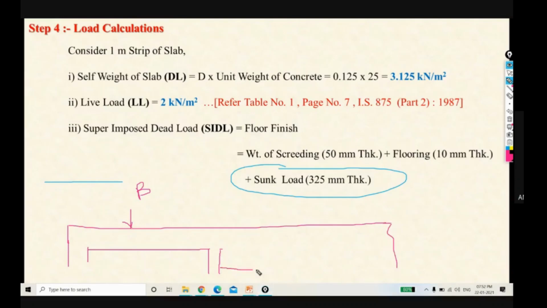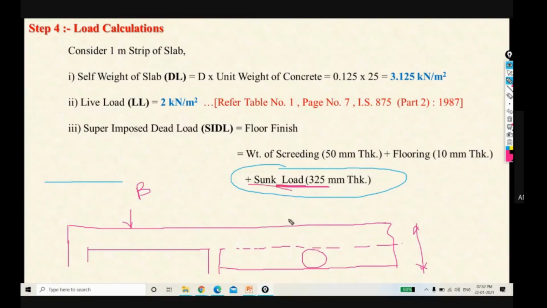For toilet generally we are increasing the depth of the slab. This sunk part we are providing to fix the toilet basket. For that we are providing this space, and that particular space is called a sunk portion.